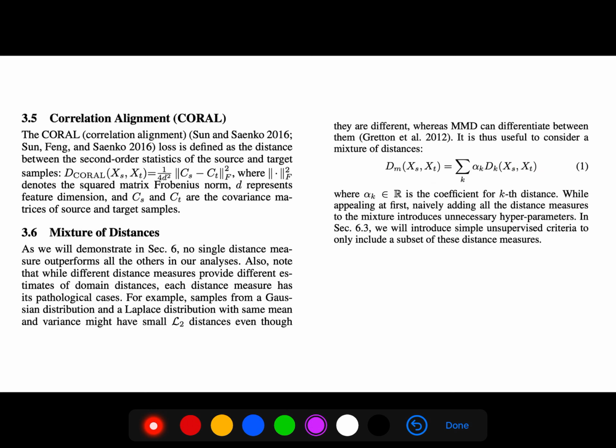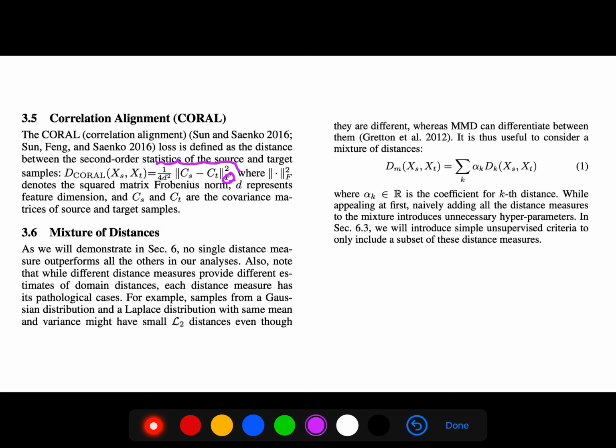Another measure is correlation alignment, CORAL, where the distance between the covariance matrices of source and target samples is measured, of course, by the Frobenius norm, because these are the covariance matrices of source and target.